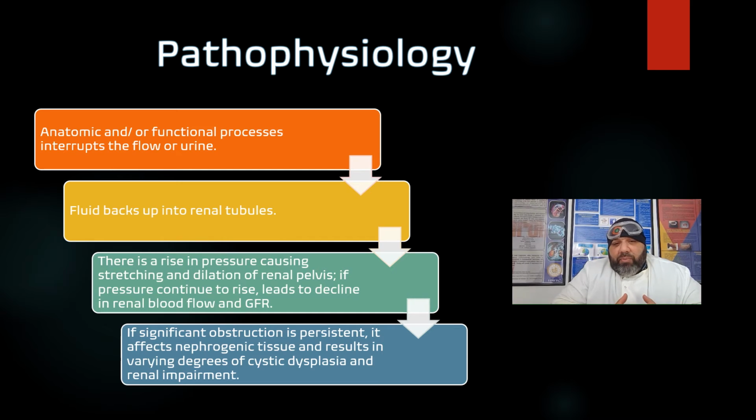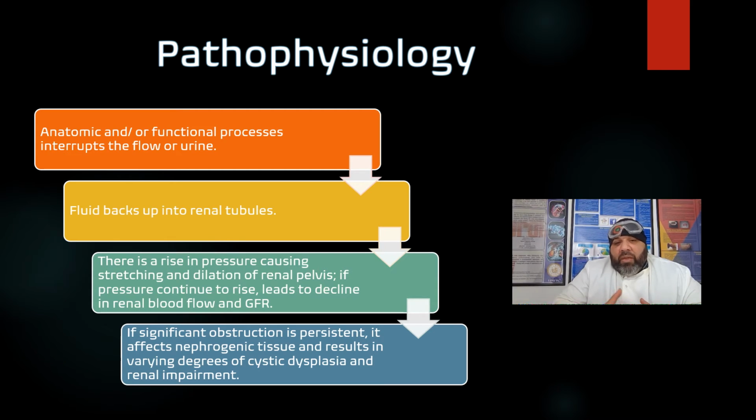In part of the pathophysiology relating to VUR, hydronephrosis can also occur where there's fluid reflux back into the renal tubules, and there is a rise in pressure causing stretching and dilatation of the renal pelvis.